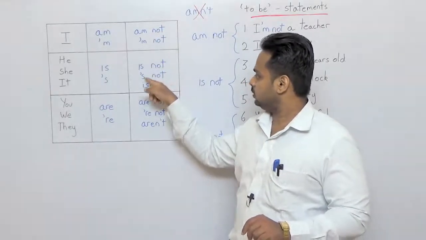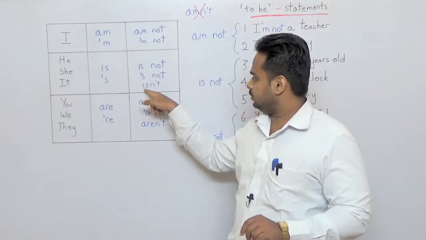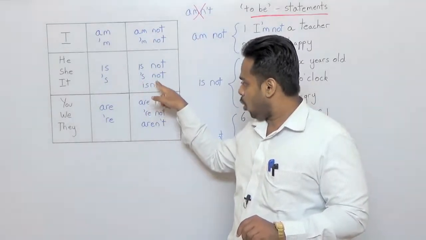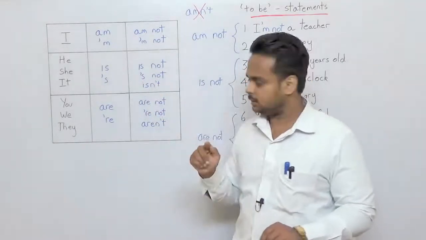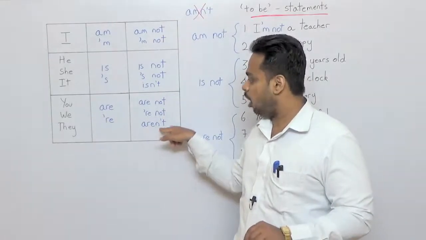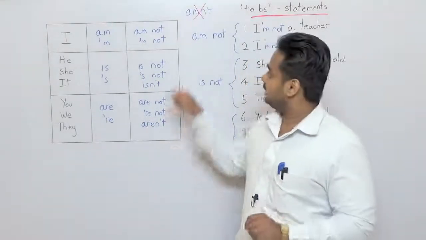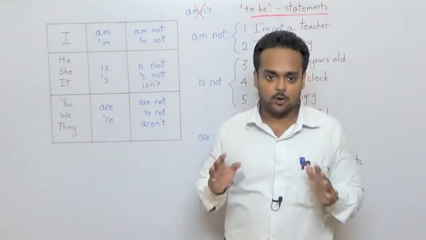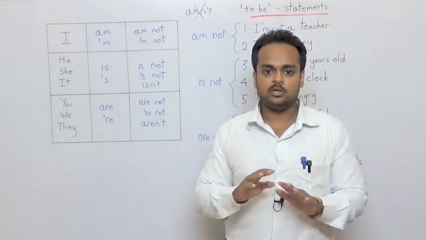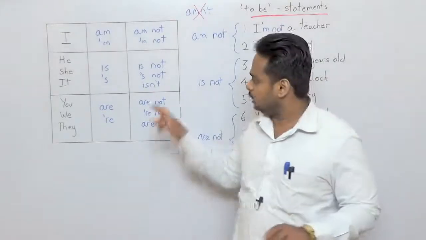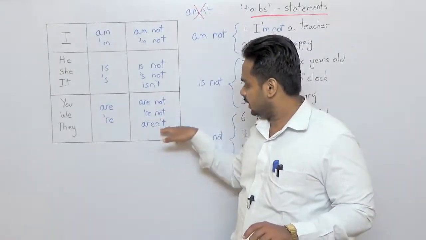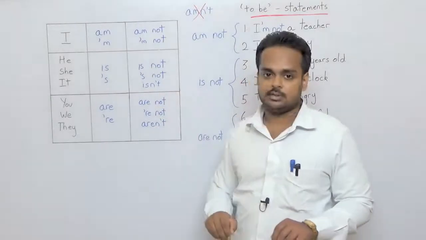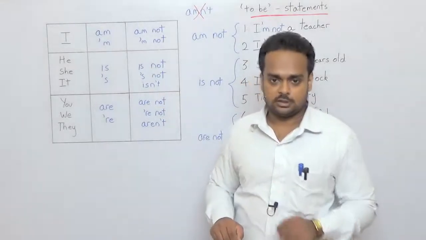So you see here, there's isn't. So that o is missing and you have the apostrophe instead. So isn't and aren't. But in English, amn't cannot be used. I don't know why. It's a rule in English. We don't use amn't. So only is and are can be used in that way by removing the o. All right, let's now look at some examples.